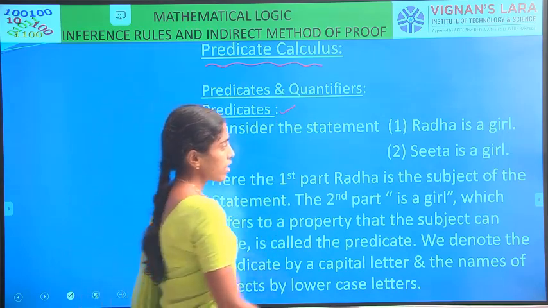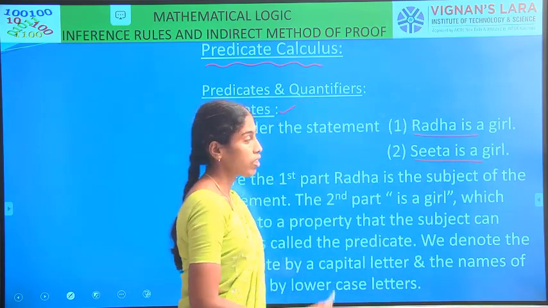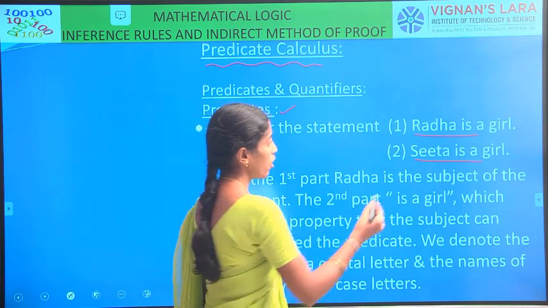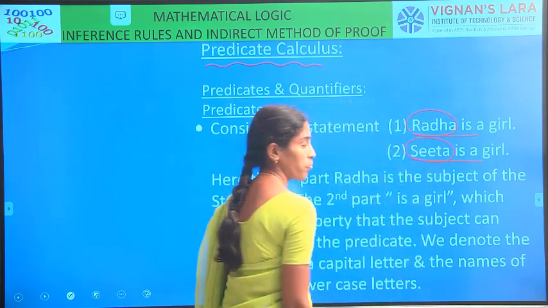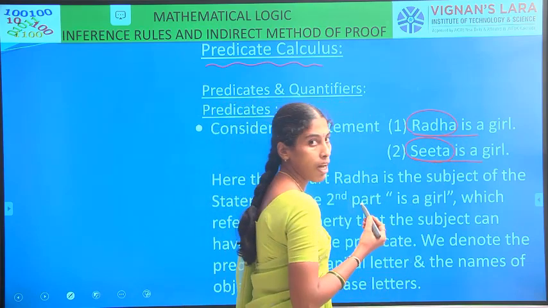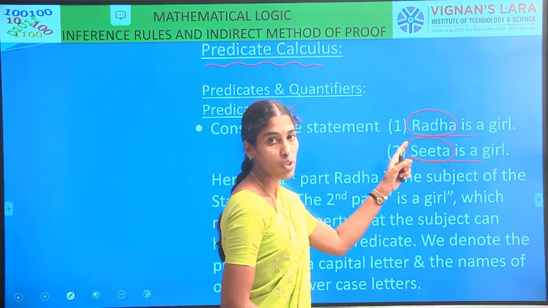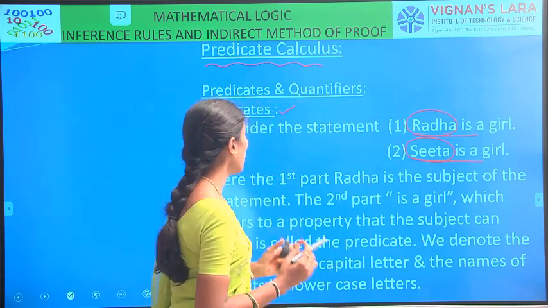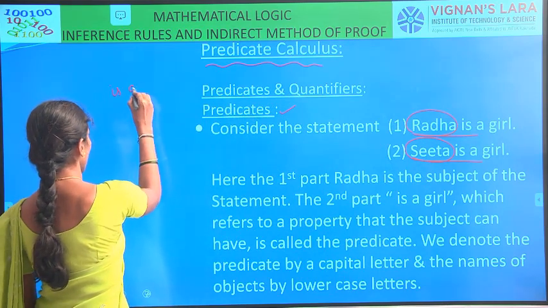If we consider the statements Radha is a girl or Sita is a girl, here in each sentence you have two different subjects, Radha and Sita. Is a girl is the property of the subjects Radha and Sita. Now, these two sentences are denoted by using predicates. How can we denote? Is a girl.